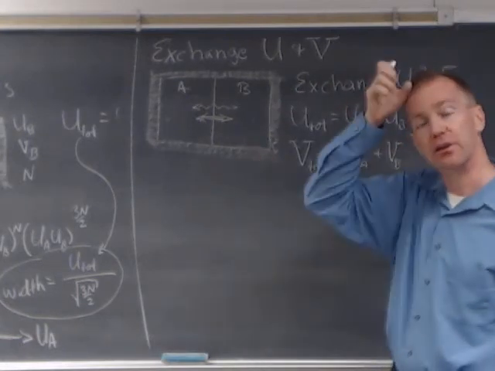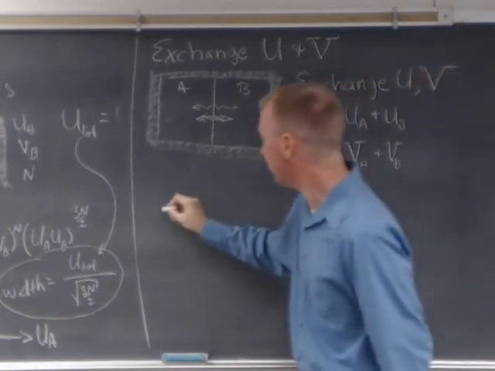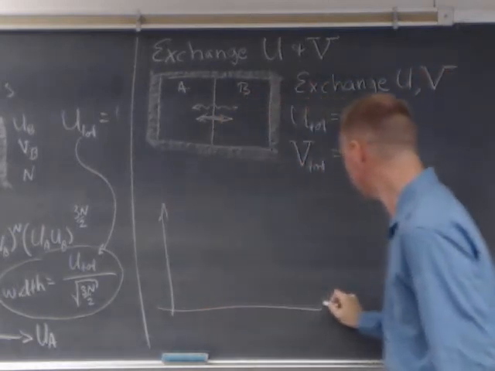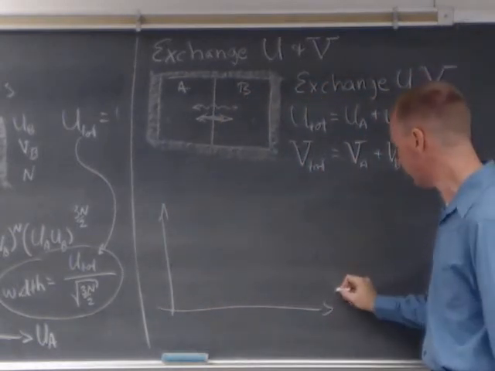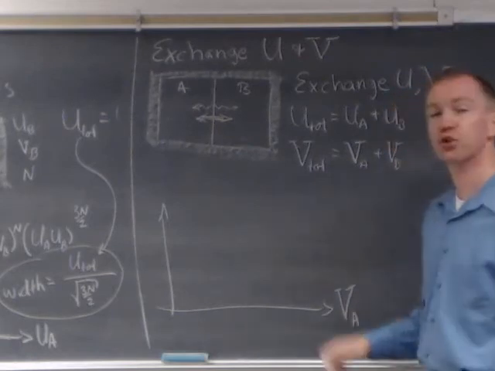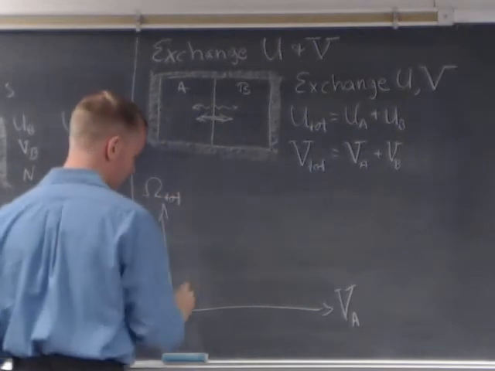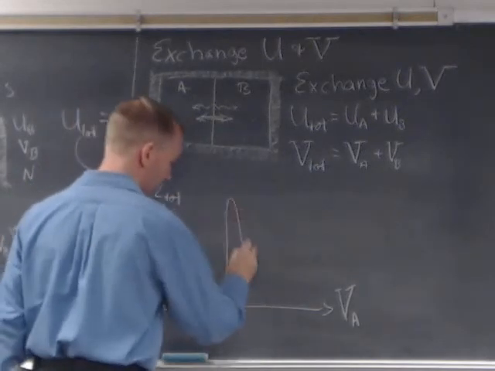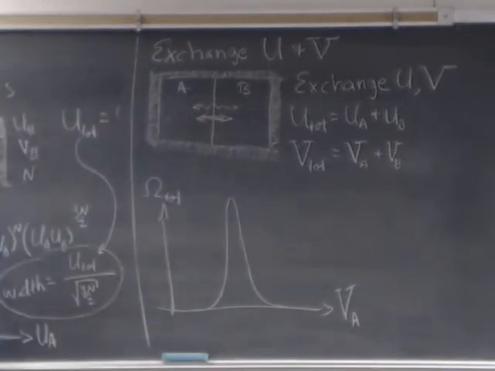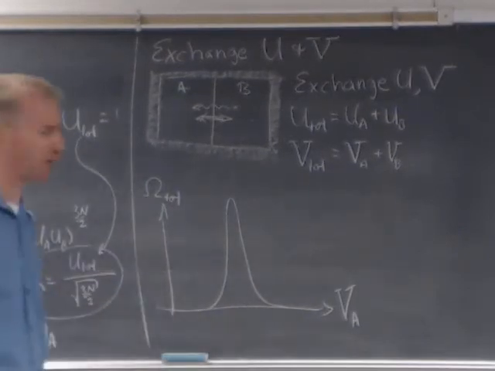But if we also allow an exchange of volume, then we can plot the total multiplicity as a function of the volume of A. And just as before, it has a peak with a very narrow width.